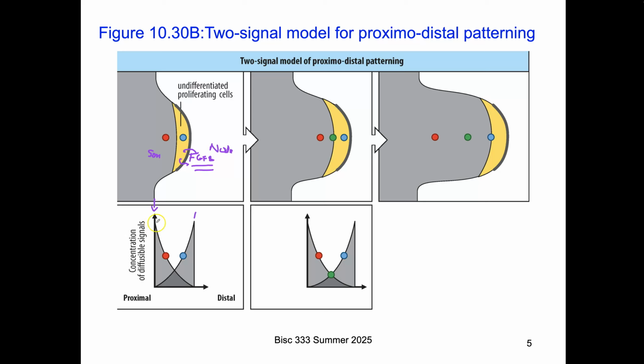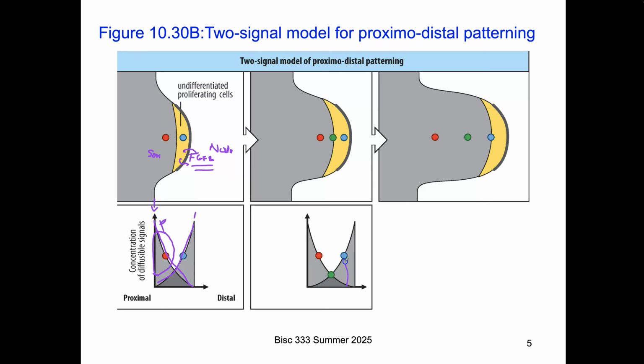And so, you have a gradient where the source is the most proximal region, and then there's diffusion away as you go towards the distal, and then the distal apical ectodermal ridge is the source of a signal that diffuses away. And as development proceeds, cells that are in the high level of the first gradient and with little or no expression of the more distal one are going to form your proximal structures.